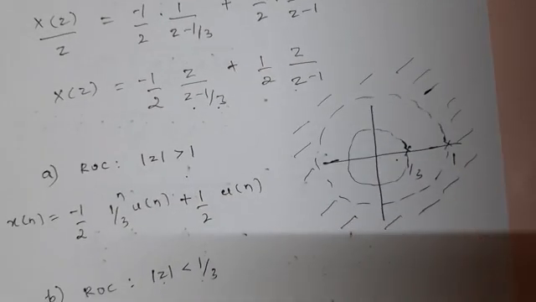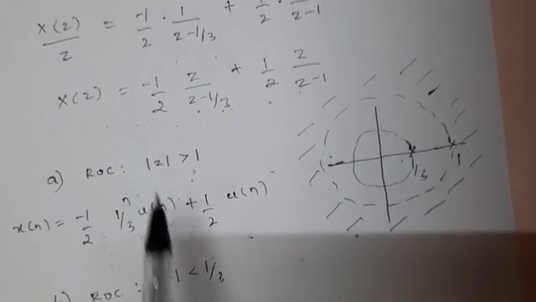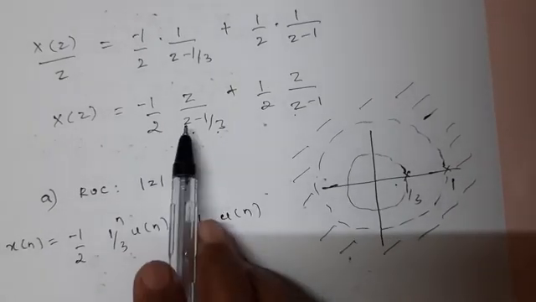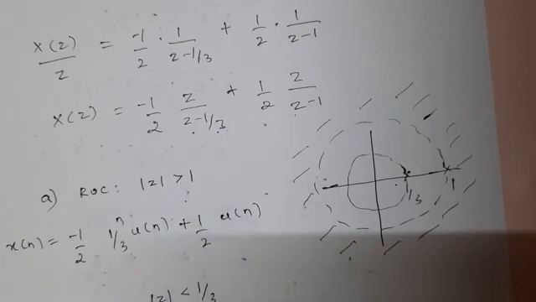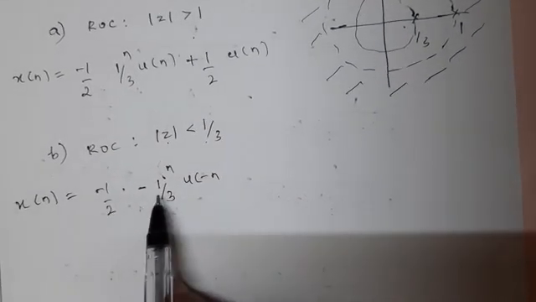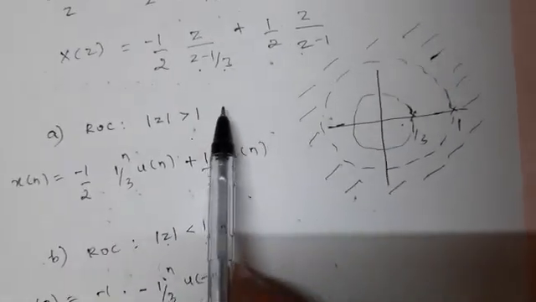What is x of n now? x of n is, keep this minus half as it is, z divided by z minus b, it should be minus 1 by 3 to the power n u of minus n minus 1, minus half for this.